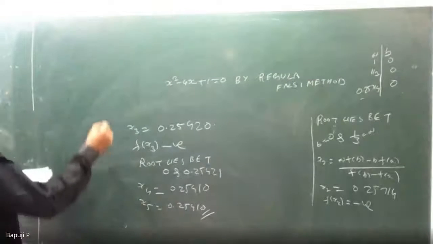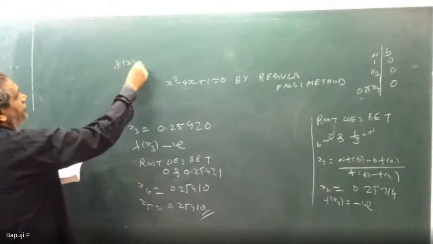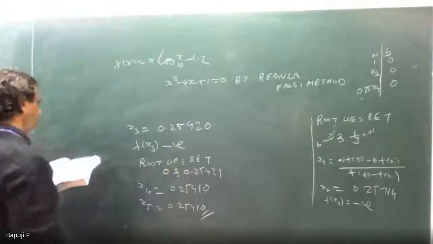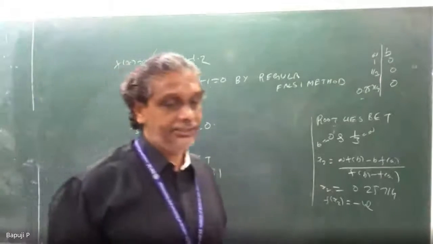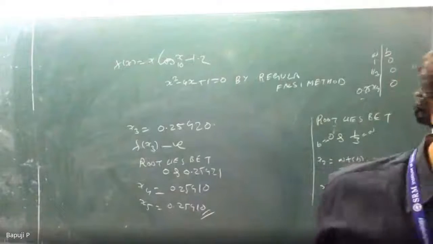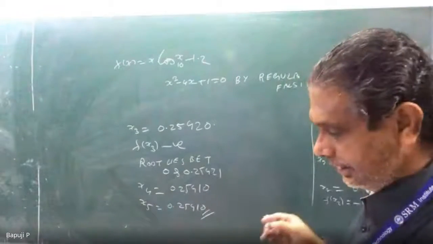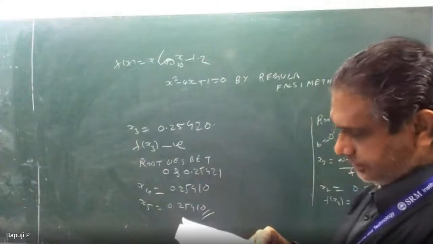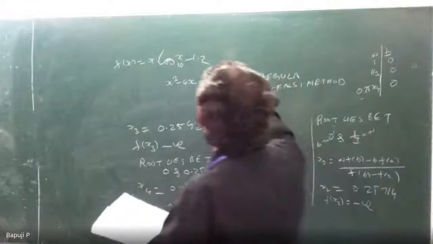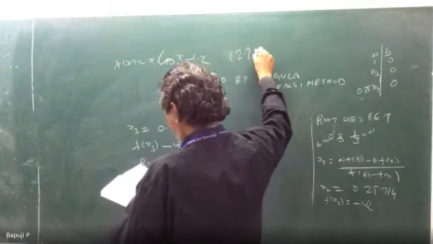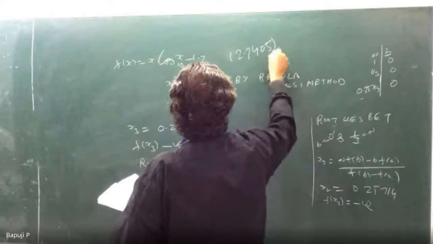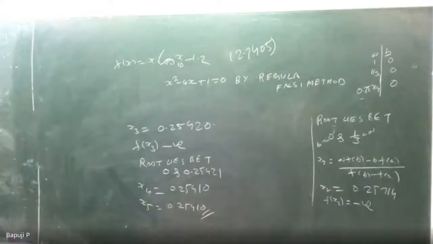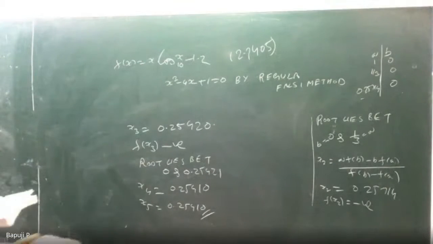Same problem you can bring. Previously this problem we tried using the Newton-Raphson method. Now this problem you can try using the regula falsi method. He got a root. If you want, we can do the answer. In the fourth position, X4, he got the root. All these you can try.